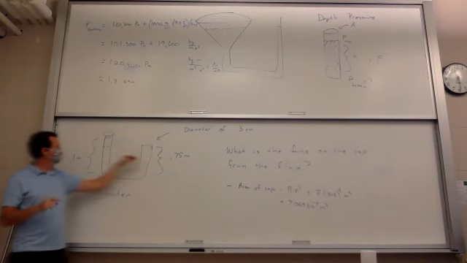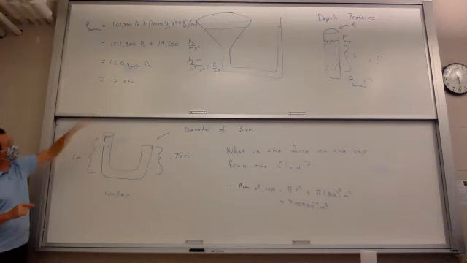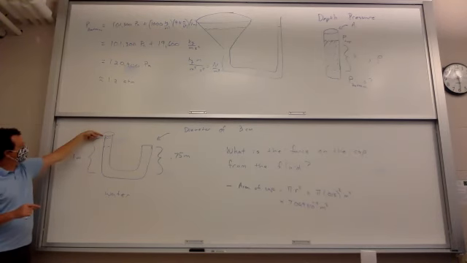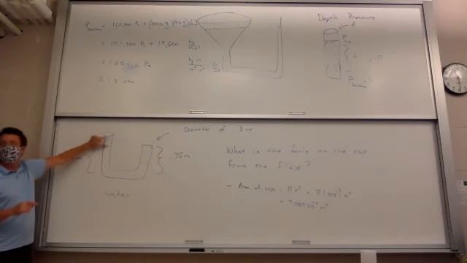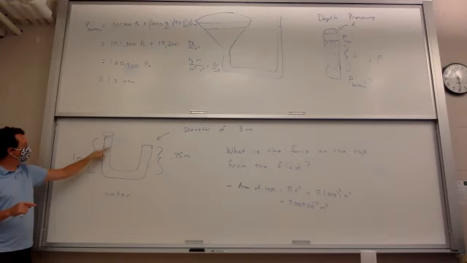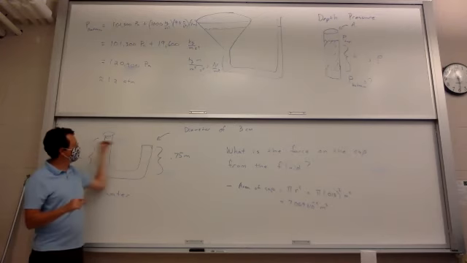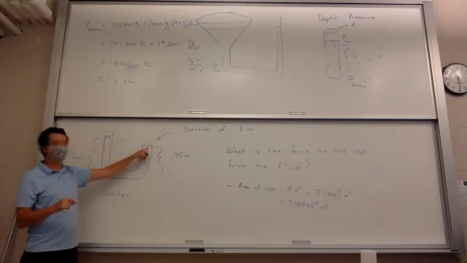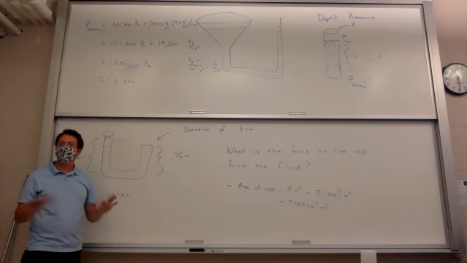So we use our equation: pressure at the bottom is pressure at the top plus rho g h. We use the appropriate height. That gives us the pressure at this point, and we use the horizontal rule to find the pressure at the cap, and then I can get the force.